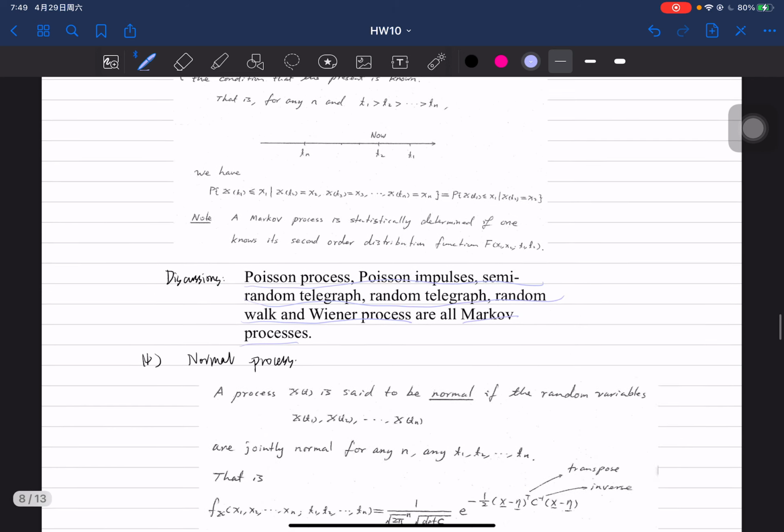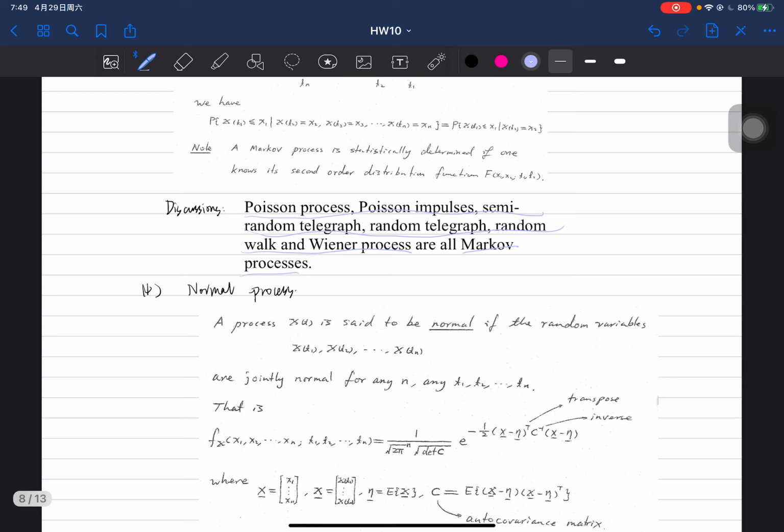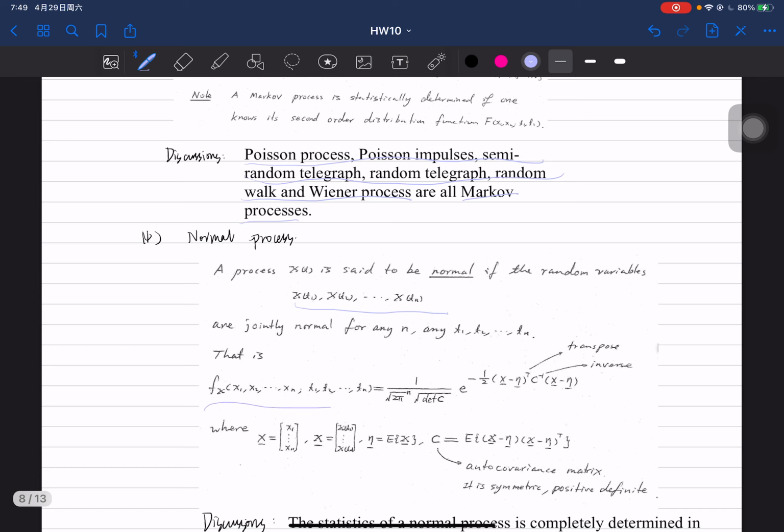Question 4 is normal process. A process is said to be normal if the random variables X(t1), X(t2), ..., X(tn) are jointly normal for any n, any t1, t2 to tn. That is this one.